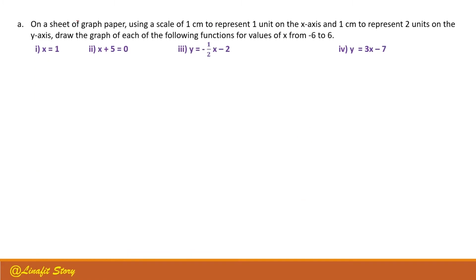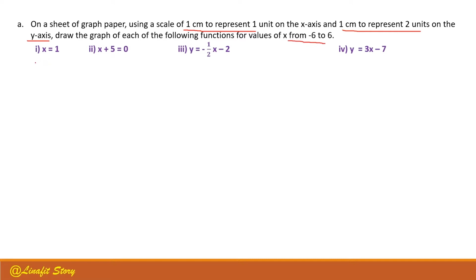On a sheet of graph paper, using a scale of 1 cm to represent 1 unit on the x-axis and 1 cm to represent 2 units on the y-axis, draw the graph of each of the linear functions for values of x from -6 to 6. So the first, x is equal to 1.